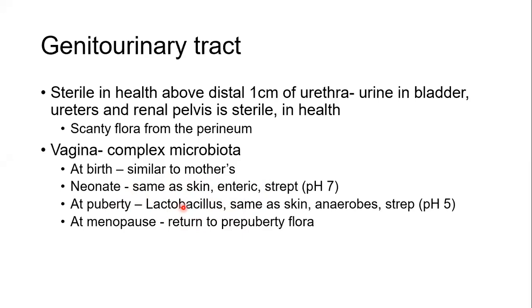At puberty, apart from lactobacillus, we also have profiles similar to that found on the skin, some anaerobes in some people, and some strepts. And then at menopause, it tends to revert to the flora before puberty, again because there are different hormonal profiles at these different ages, and the hormonal profile has been found to also contribute to the profile of normal flora that you have, particularly in the vagina.